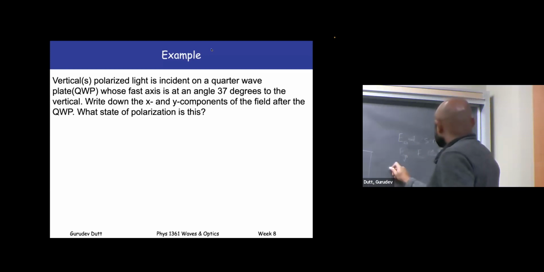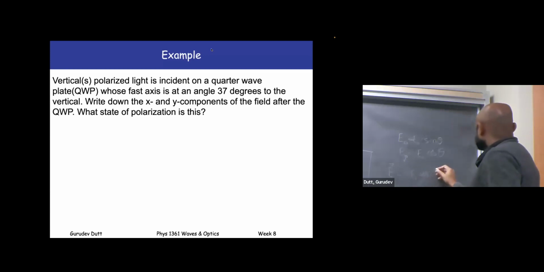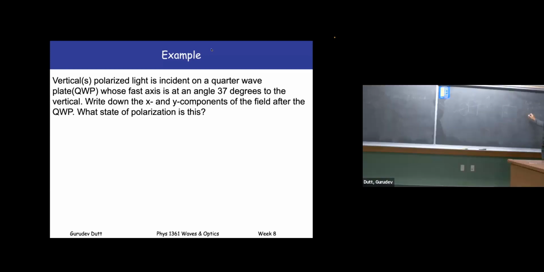And the state of the light then, the vector E, is simply E naught cosine theta times the plane wave, kx minus omega t, and that would be the Y component.